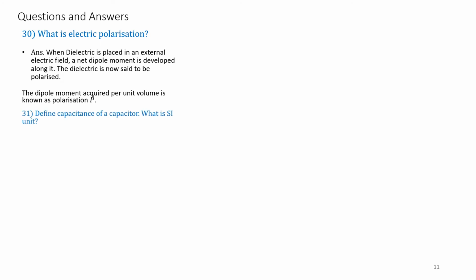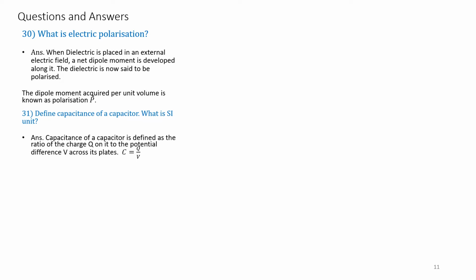Question number 31. Define capacitance of a capacitor. What is its SI unit? Hitherto we read about polarization. Now we'll study capacitors. Capacitance of a capacitor is defined as the ratio of charge Q on it to the potential difference V across its plates.